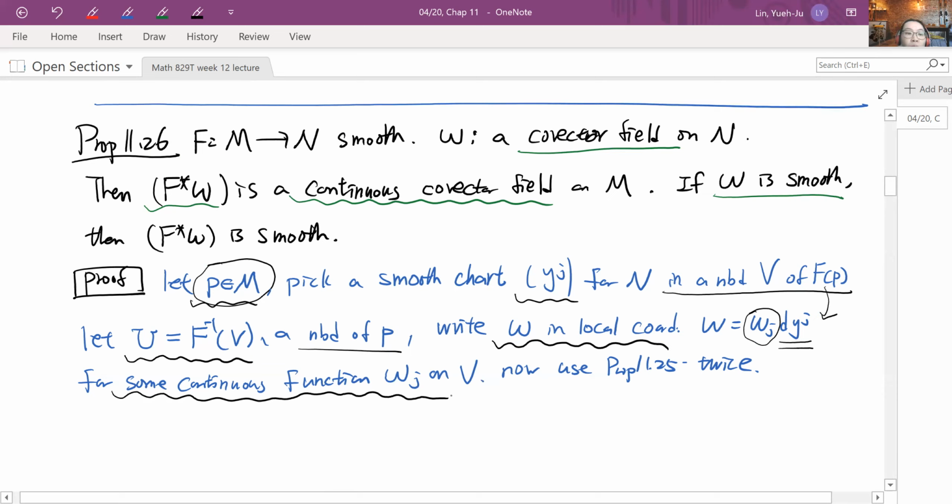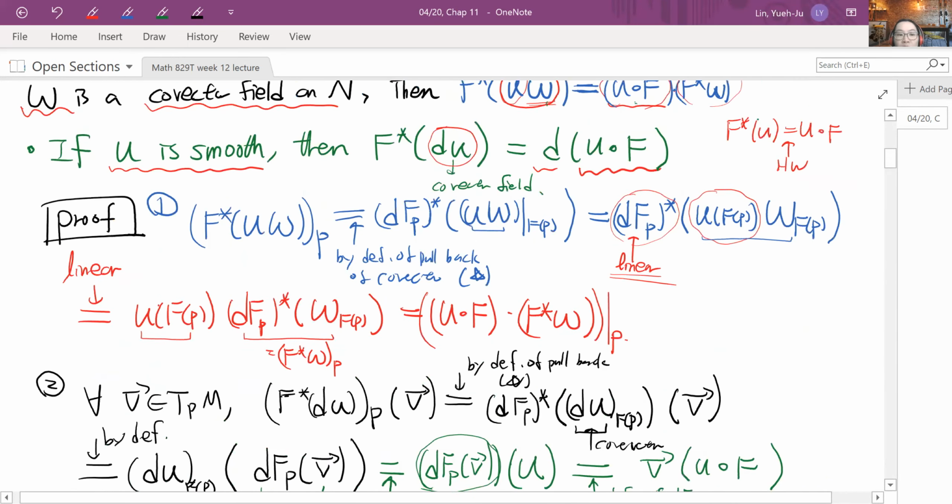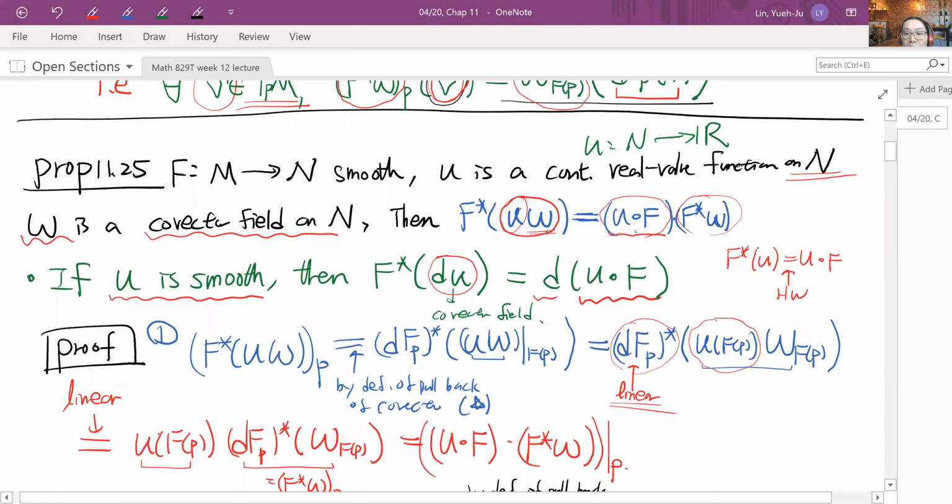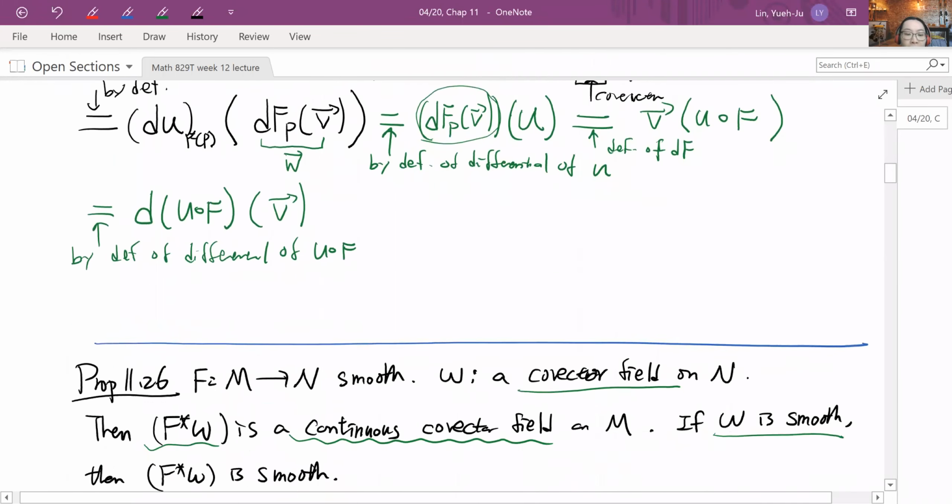Now what we want to do is pull back this W, this covector field. When you pull back, you will see that this whole thing looks like a real-valued function Wj times the coordinate covector field. And this becomes what we saw in 11.25: you have some real-valued function times some covector field. That's why we can use 11.25 twice in some sense.